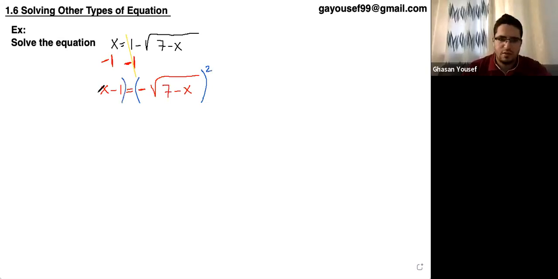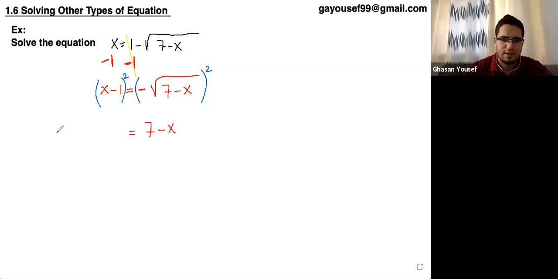You can divide, that will be fine, but if you square everything with the -1, it will also work fine. So now the minus raised to the power 2 gives me +1, and the radical raised to the power 2 will cancel out, right? So here I get 7 minus x on this side.